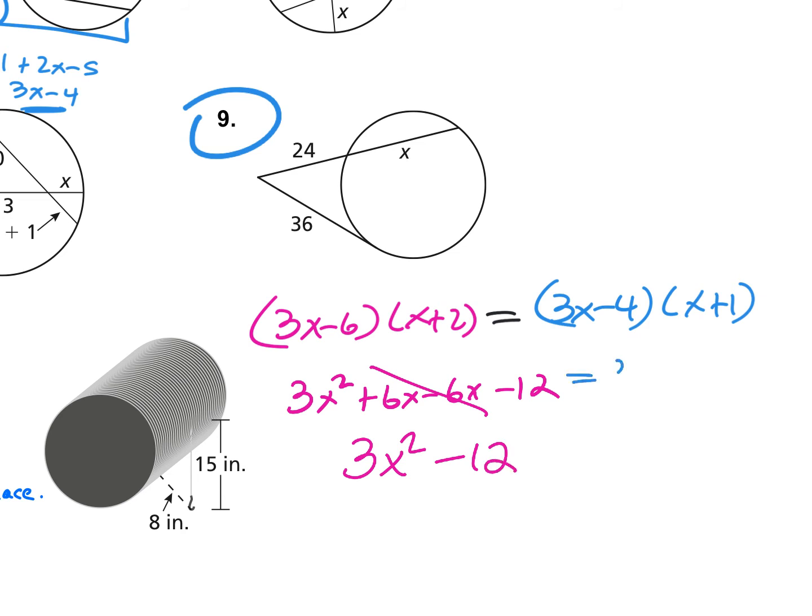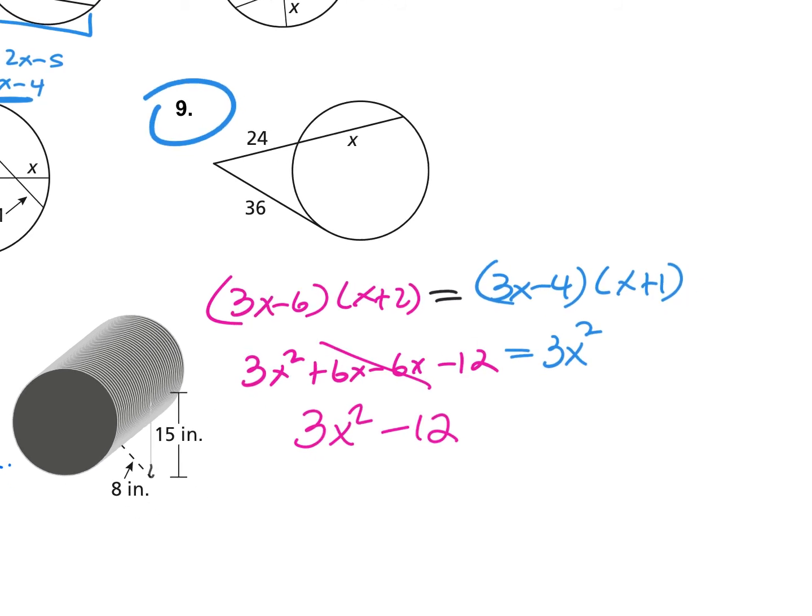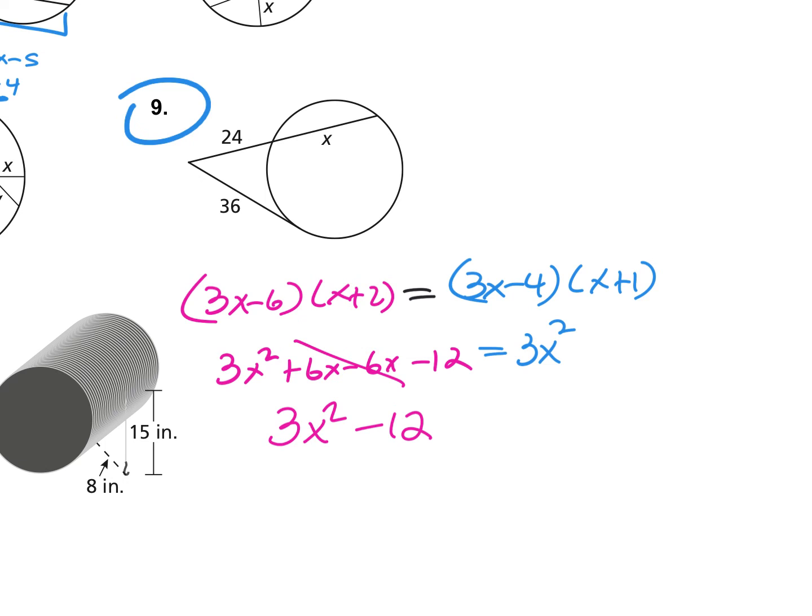Then the blue foils into 3x squared plus 3x minus 4x minus 4. When I combine these, I end up with negative 1x minus 4. Now I need to work on getting my like terms together.